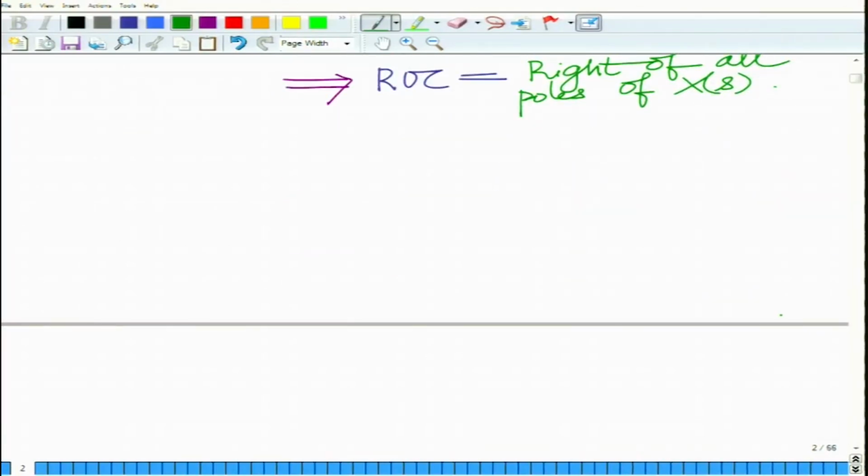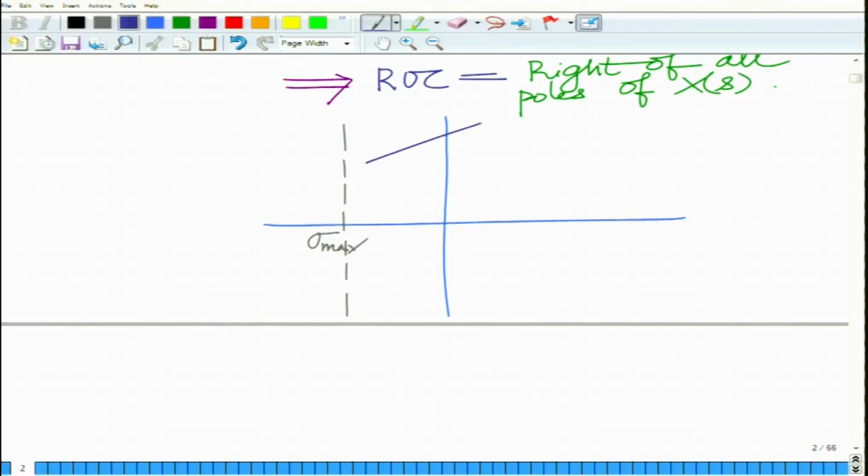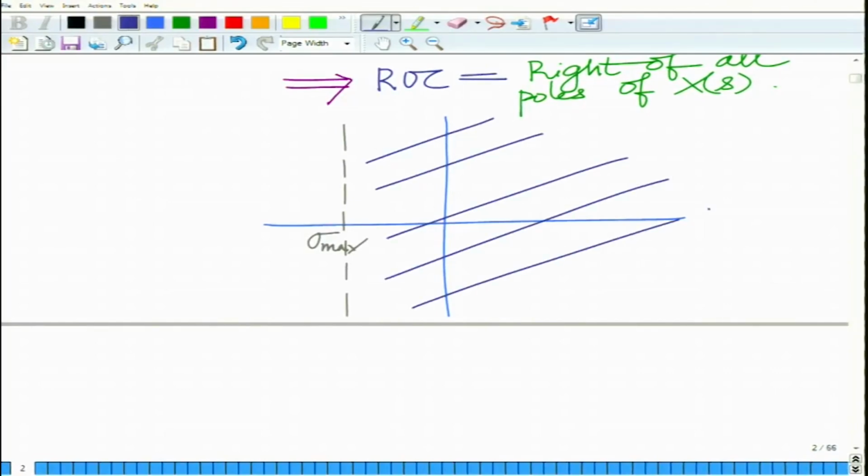And the ROC will look something like this. You have your S plane, and this is let us say your sigma max. Then the ROC will be real part of s greater than sigma max.